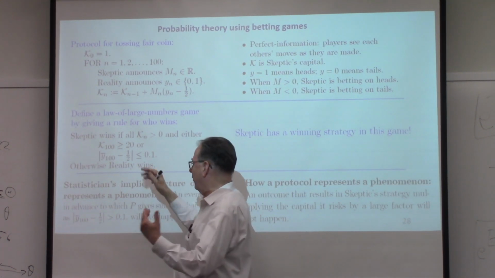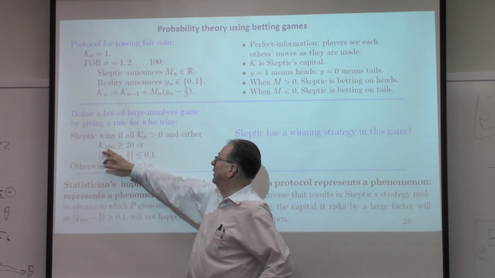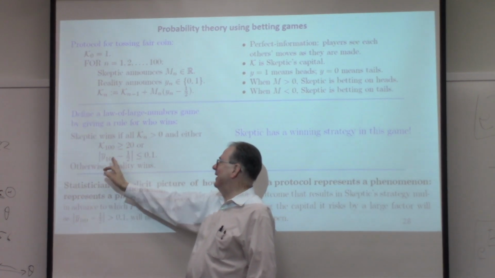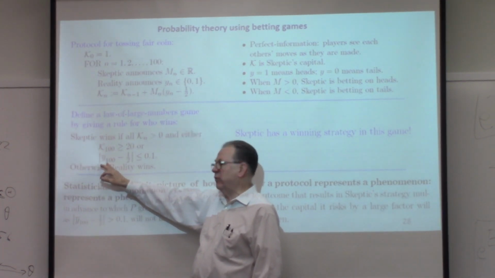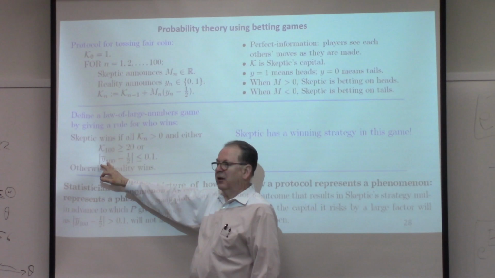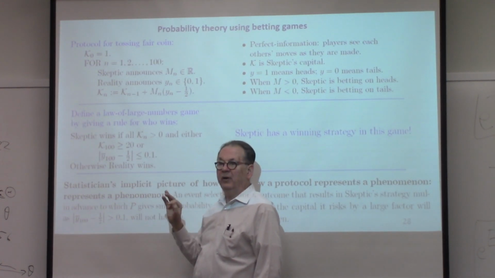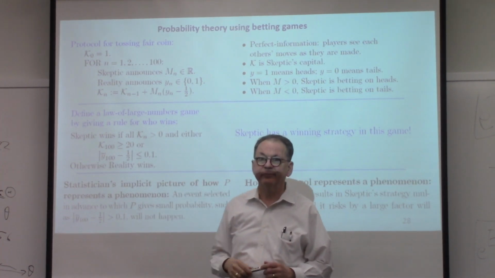Then we can make various goals for skeptic. Here's one goal: skeptic either wants to multiply his money by 20 or have reality keep the frequency of 1s within 0.1 of 1/2. And skeptic has a strategy that can do this.